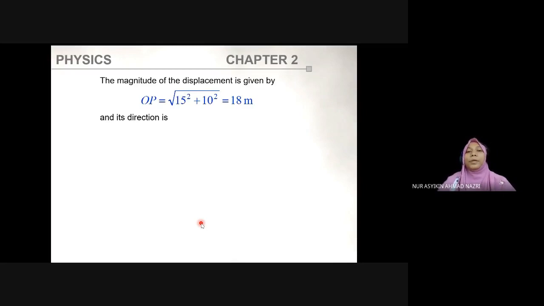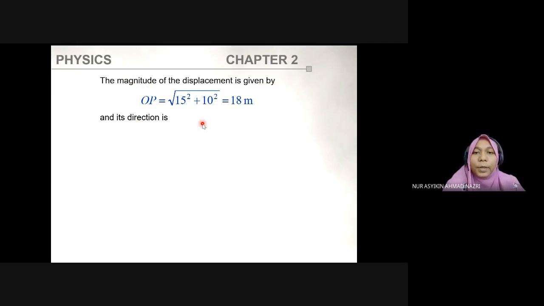So how we are going to find the magnitude of the displacement? So we are going to use the equation of theorem Pythagoras. Okay, so macam kita belajar vector tadi, now we are going to apply. Okay, so again, when we talk about vector, it must have magnitude and direction. So these two things that you need to be careful, dua benda ni yang awak kena betul jaga-jaga.